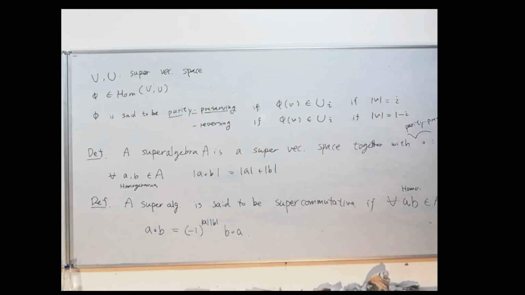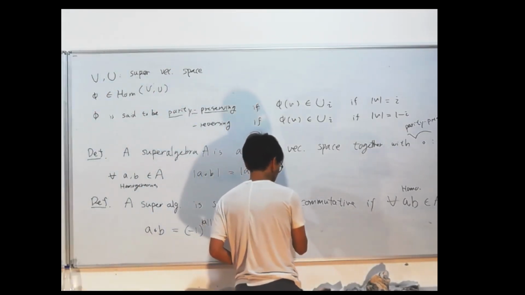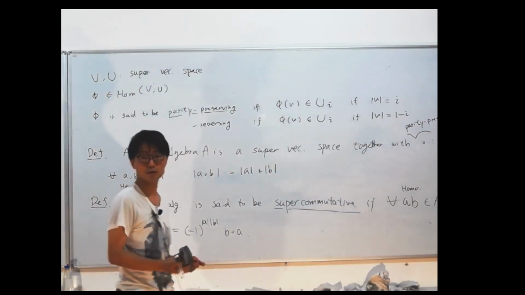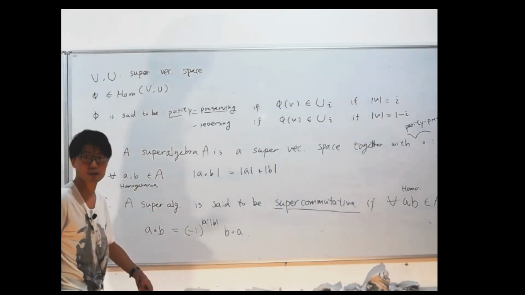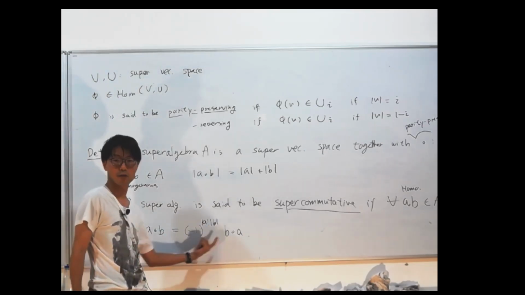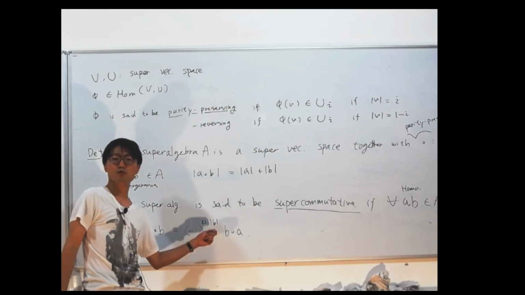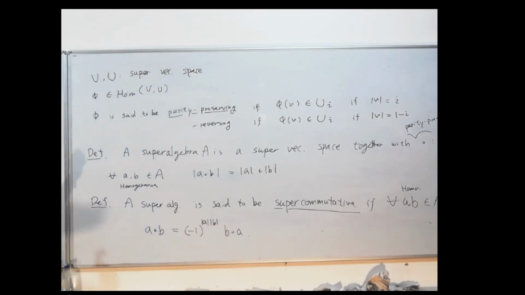Okay. So this is what I mean by supercommutative. This is more like an additional constraint, or additional condition. Any algebra having this type of anti-symmetric relation, I would call a supercommutative algebra. Does it make sense? So now let's do some exercise.